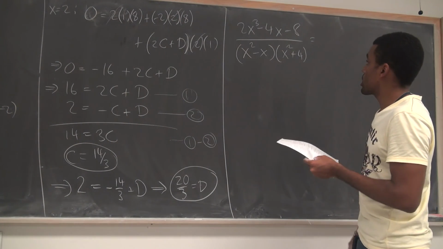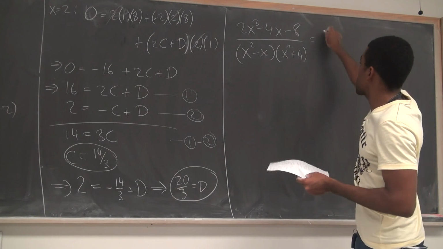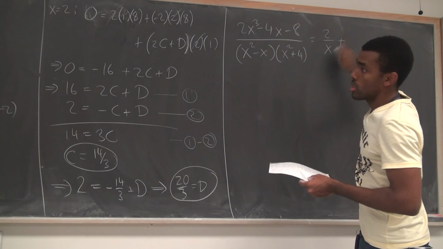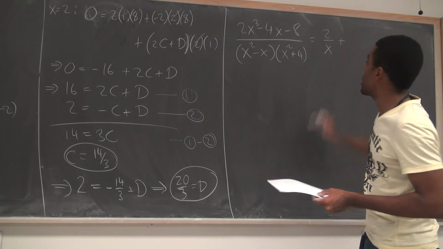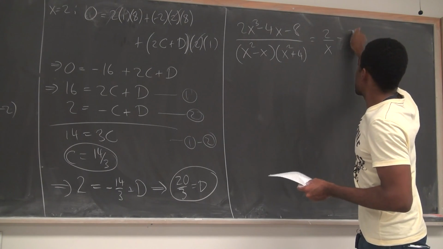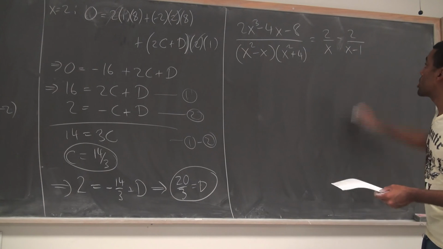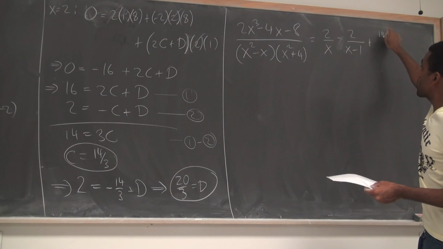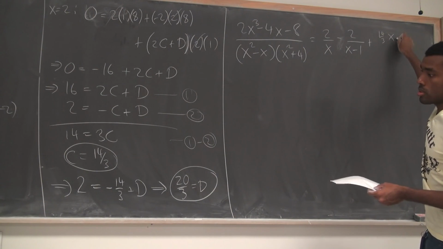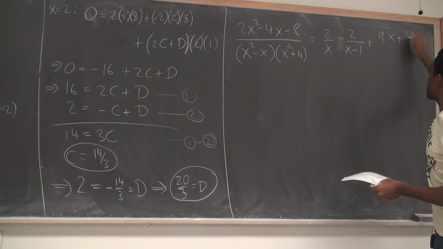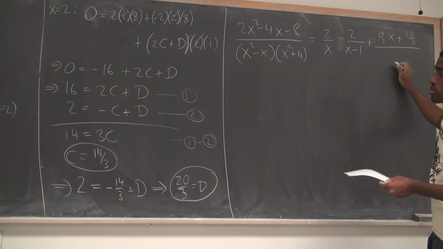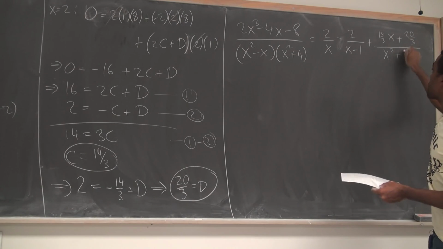So a is 2. It was a over x, 2 over x, minus, b was negative 2, and the c, plus 14 over 3x, plus 20 over 3, above x squared plus 4, all over x squared plus 4.